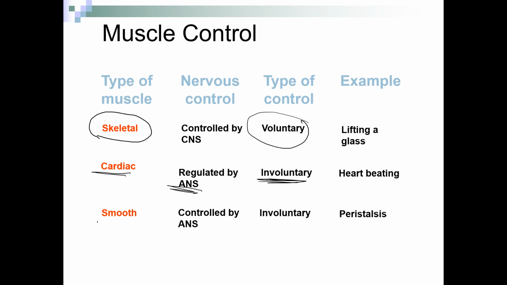Then we have smooth muscle, which of course is also controlled by the autonomic nervous system. And this one is also involuntary. Remember I said smooth muscle is found running along the tubes in your body. The stomach, for example, trachea, those kinds of places. Small intestine, large intestine. You want to find smooth muscle in the walls of these tubes, and that muscle will be there to help open or close the tubes, right?